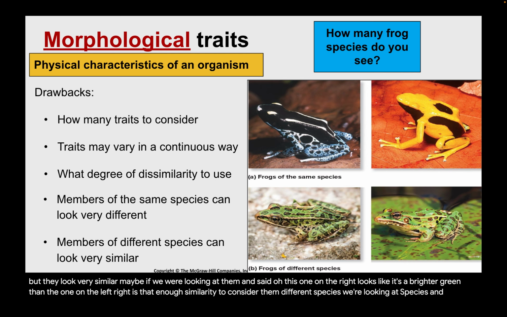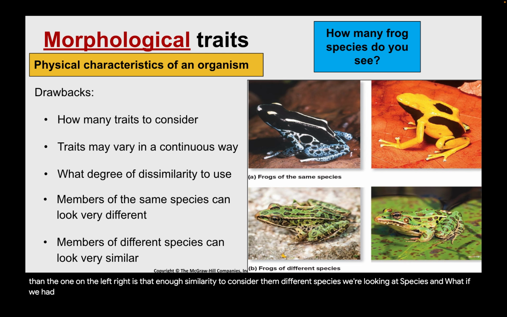Right? So what if we had aliens visit us from outer space and took a look at the human population, right? Just based on how we look, do you think they would classify us all as the same species? It's hard to tell. We all look very different, but we do have common characteristics, right? We all have 2 legs, 2 arms, a head, right? A torso, right?